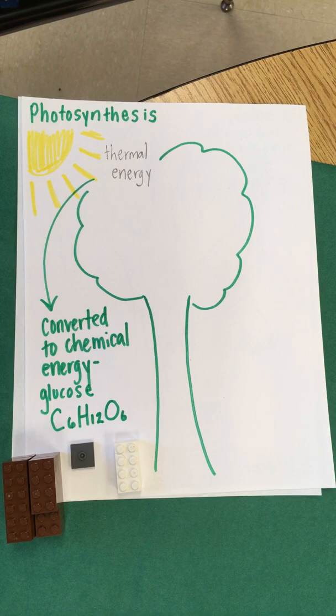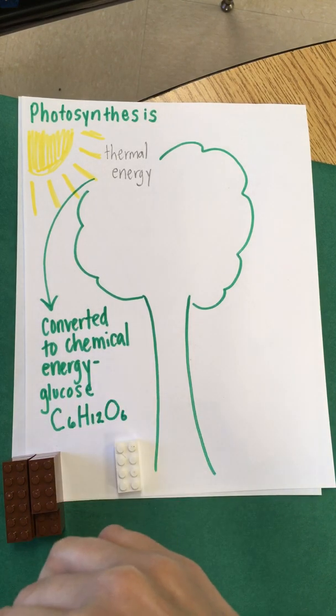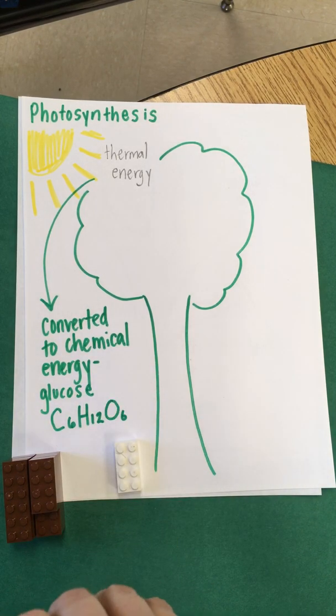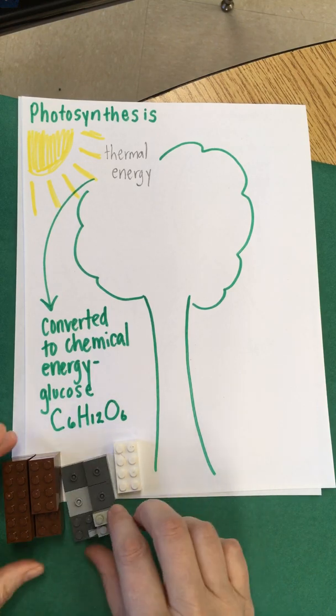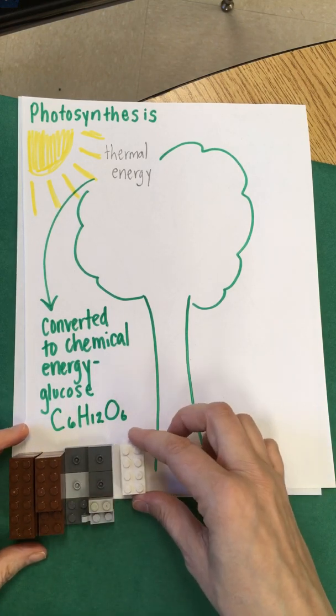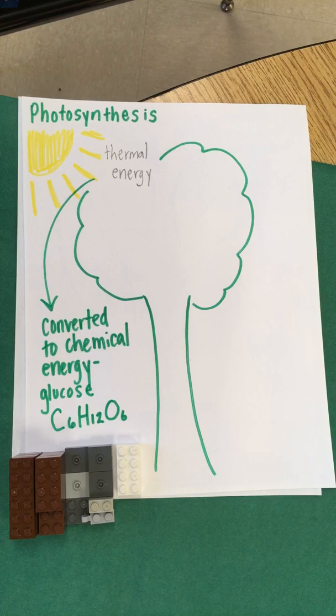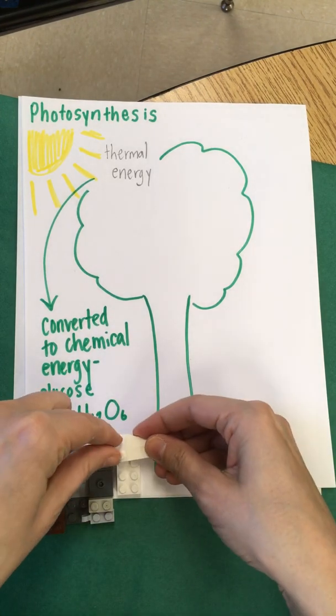Okay. Now, atoms have this ability to build and rebuild themselves in different combinations to create different types of matter. So here I've got my 12 hydrogen atoms and then my 6 oxygen atoms. Let's see, 1, 2, 3, 4, 5, and 6.